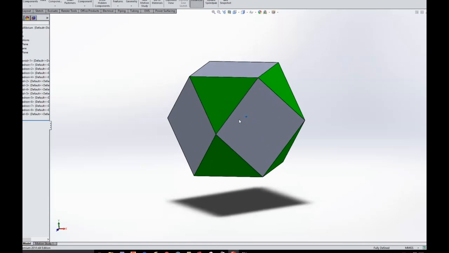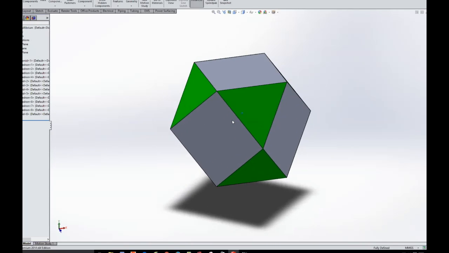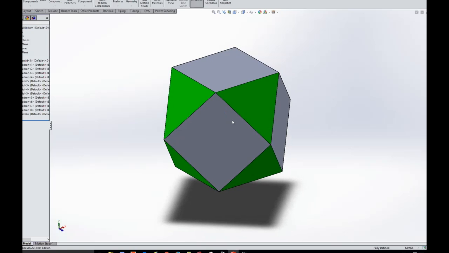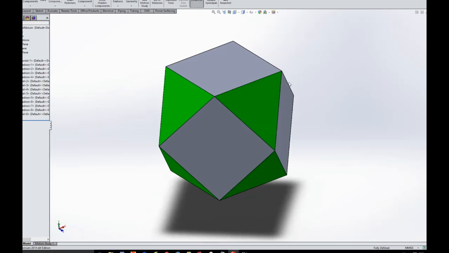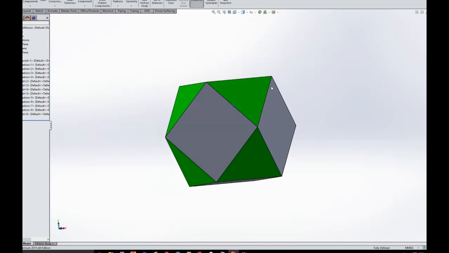So that's why it's in equilibrium. But in the icosahedral shape, where all the faces are triangular, the energy gets trapped, sort of, because it's not an equilibrium state anymore.